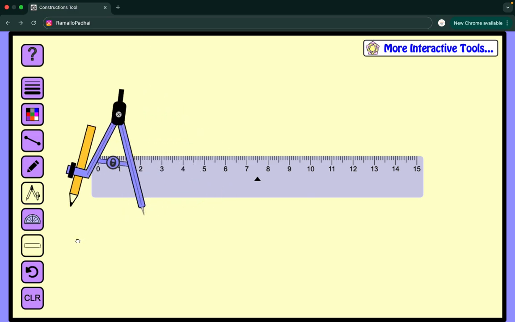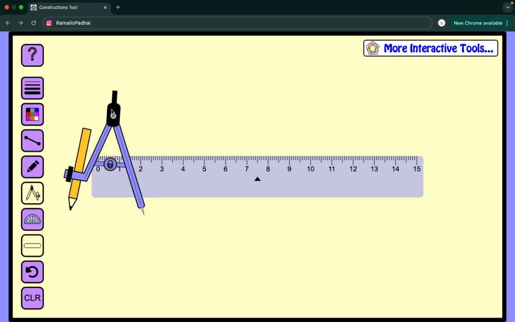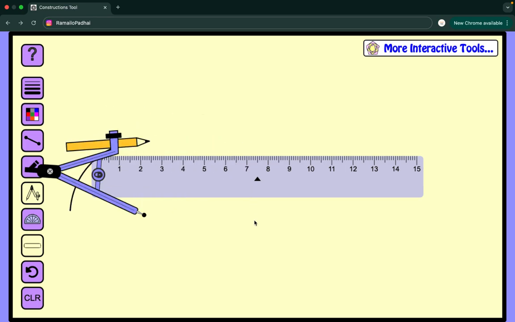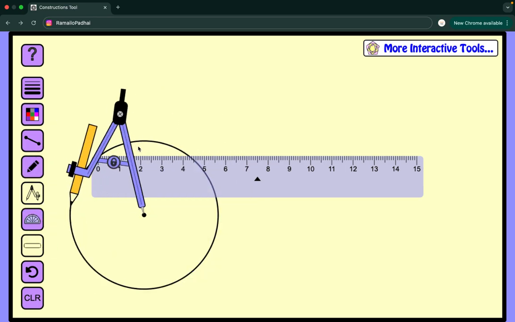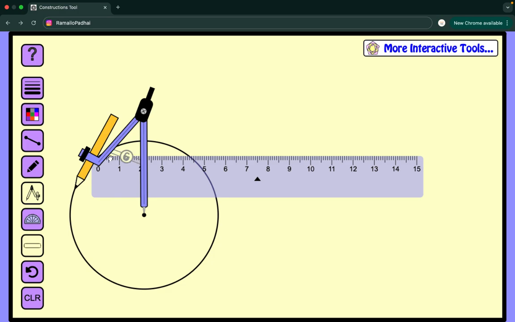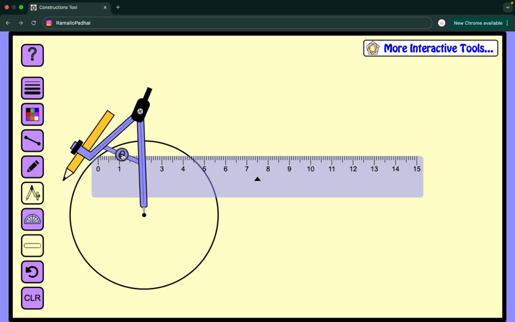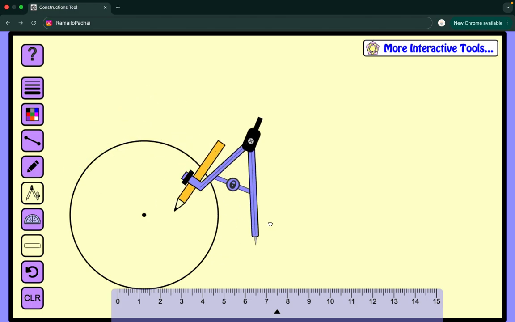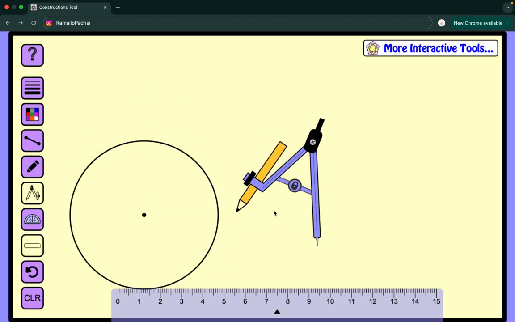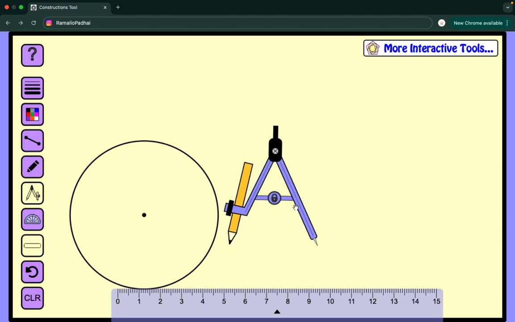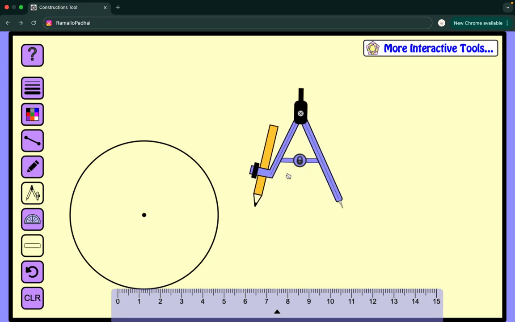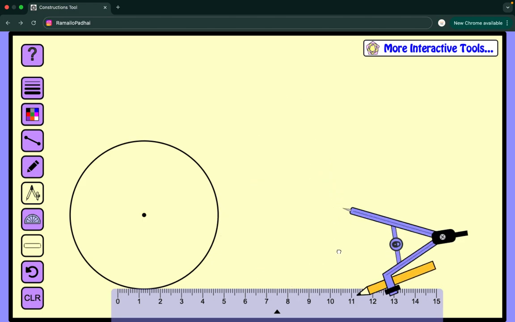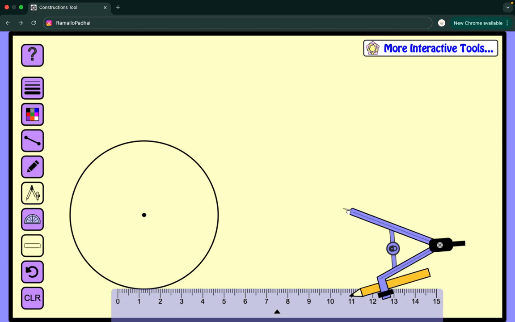Okay, so this will be one circle, and then extend this radius, and this will be another circle.